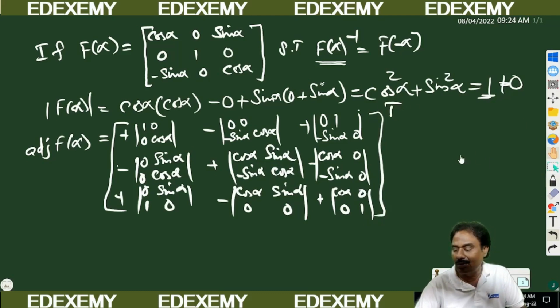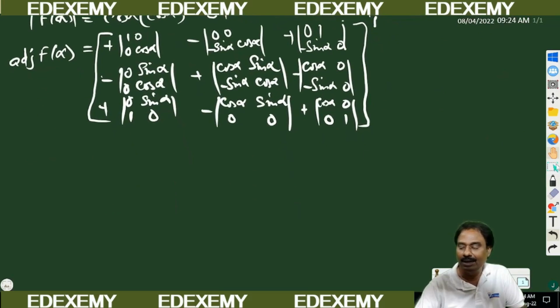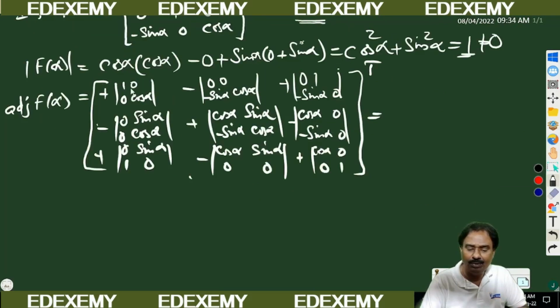Okay, now we will simplify this, we will move upward a little bit. This is equal to, now cos alpha into 1 is equal to cos alpha minus 0. Here 0 0, so if you cross multiply, you will get 0.